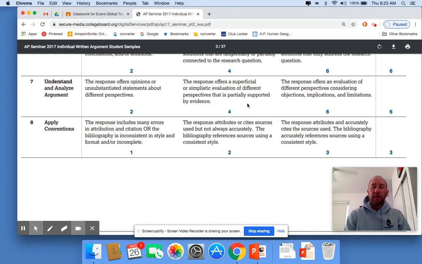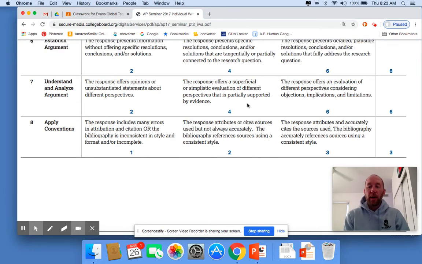Row 7, the response offers an evaluation of different perspectives considering objections, implications, and limitations. After you've done problem, solution, problem, solution, problem, solution, we need at least 2 paragraphs explaining why these aren't perfect. As we said in our IRR and our team media presentation, if there were perfect solutions, they would have been implemented.